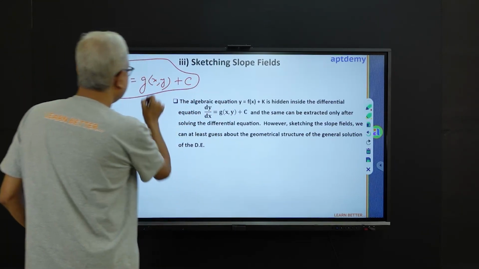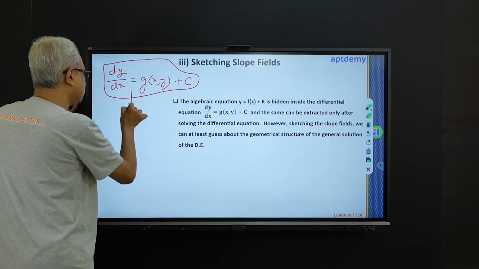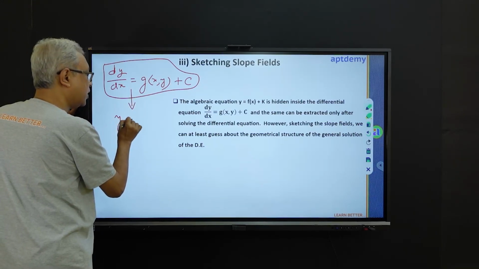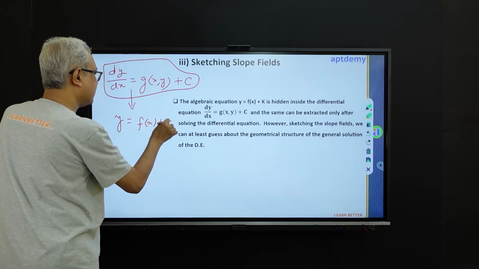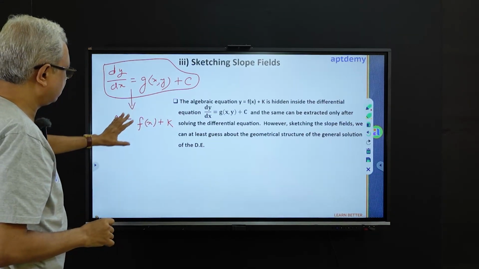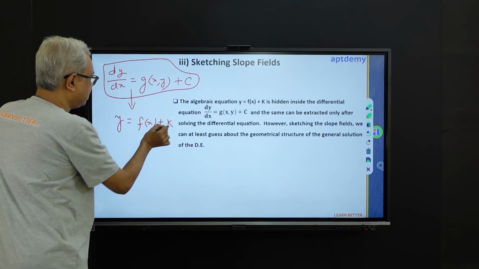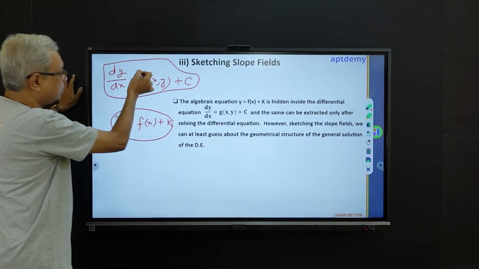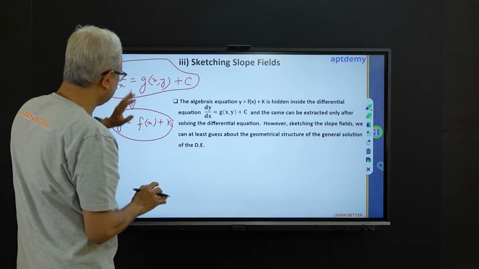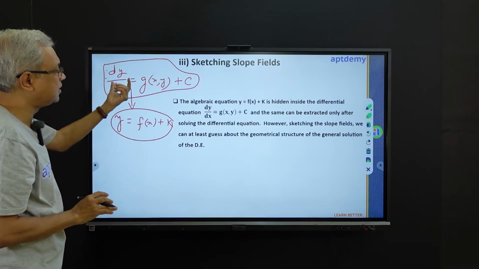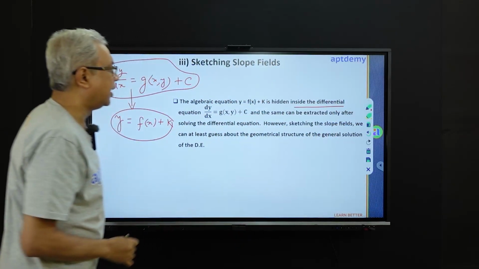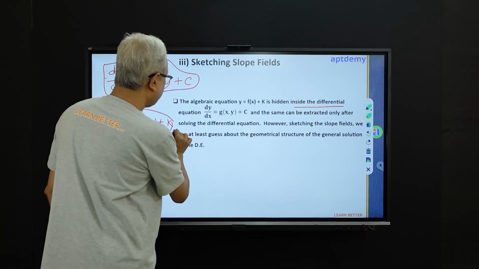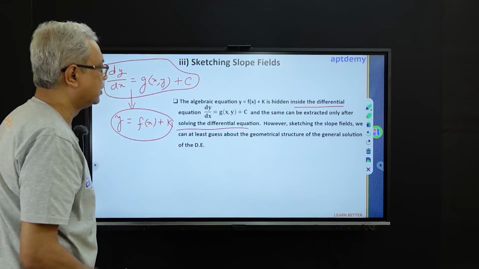Now, the algebraic equation, solution of this, is, say for example, y equal to f(x) plus k. This algebraic equation is a solution of this differential equation. Both are identical things. This algebraic equation is hidden inside the differential equation, we say, and the same can be extracted only after solving the differential equation.